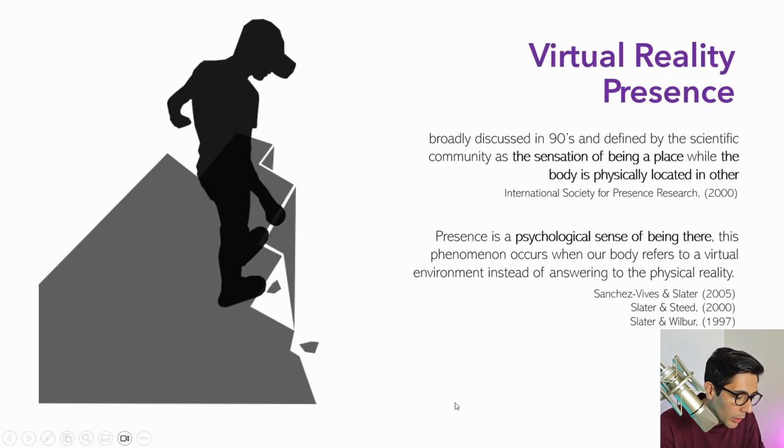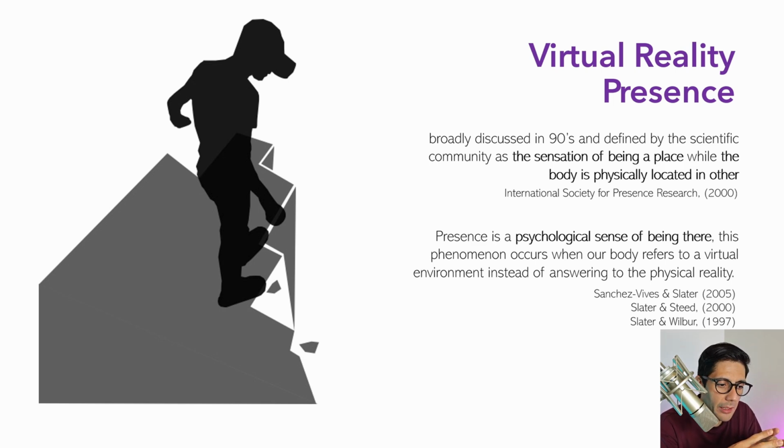Now, what we understand as virtual reality presence was discussed in the early 90s, and it was defined by the scientific community as the sensation of being in a place while your body is physically located elsewhere. This definition is actually from the Society for Presence Research.